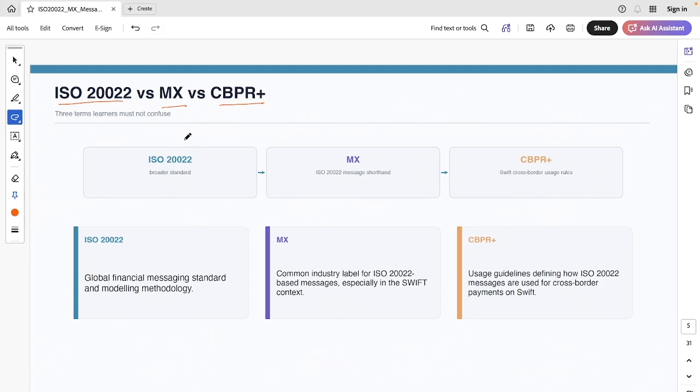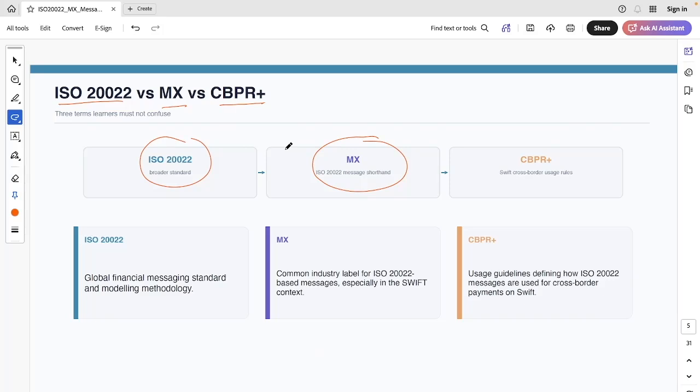ISO 20022 is a broader standard. It is the global financial message standard and modeling methodology. It defines the business concepts and the message definitions used across many financial domains. MX is the message shorthand used commonly for ISO 20022 XML based messages, especially in the Swift world.